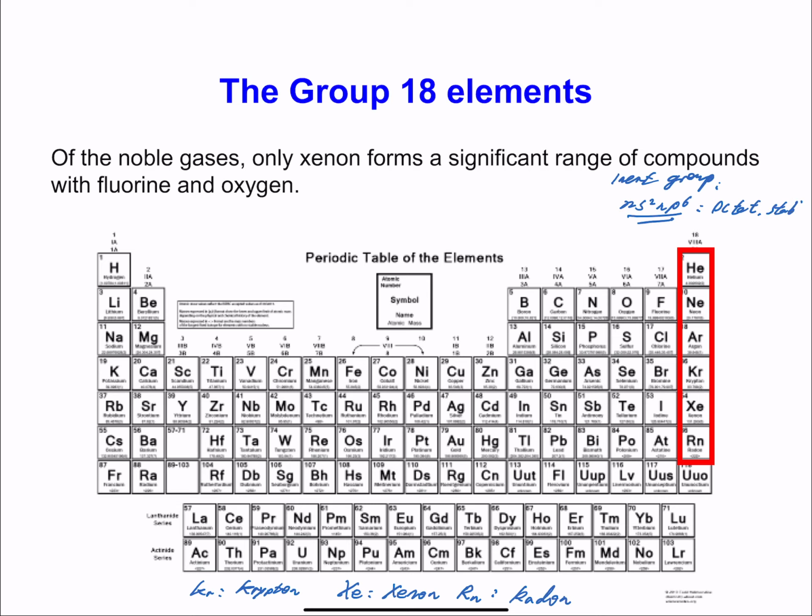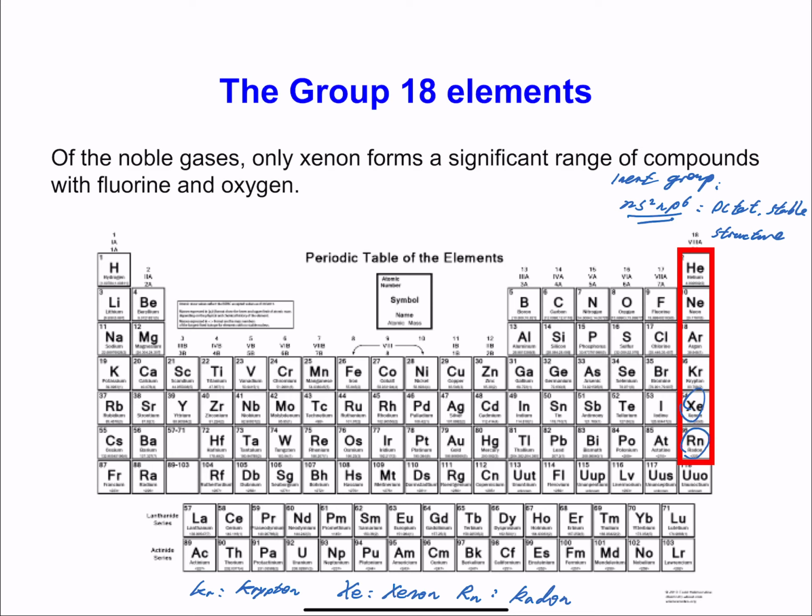The reason we call it the inert group is that all these elements have an s2p6 electronic configuration. That's the octet rule, a stable structure.